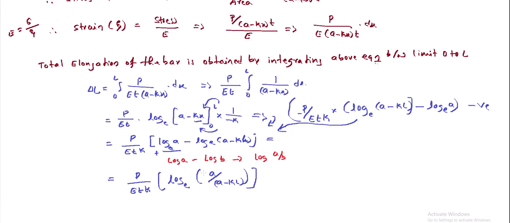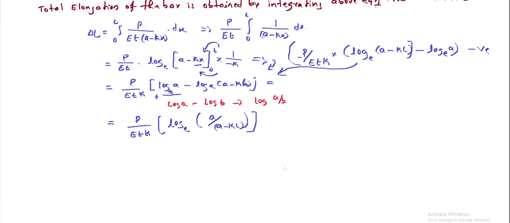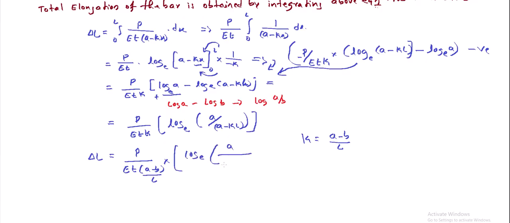Now just substituting K here. After this we need to substitute only the value of K. What is K? What we have taken is (A minus B) by L, substituting back here. So this is the total elongation: P by E T (A minus B) by L, log of A by (A minus (A minus B) by L times L).